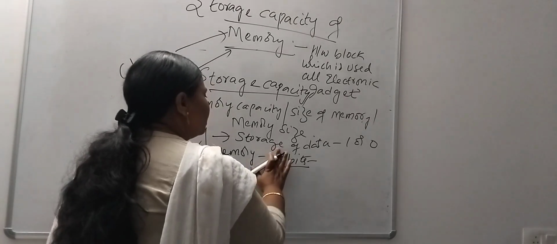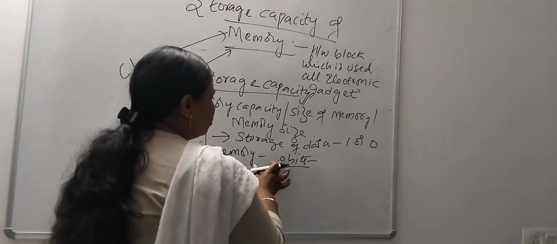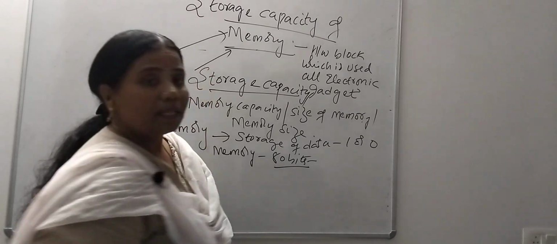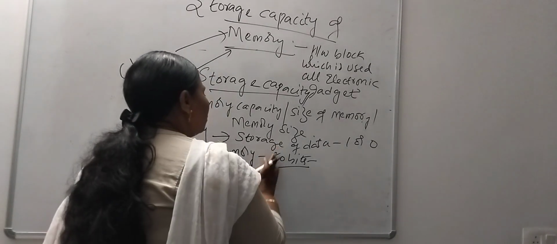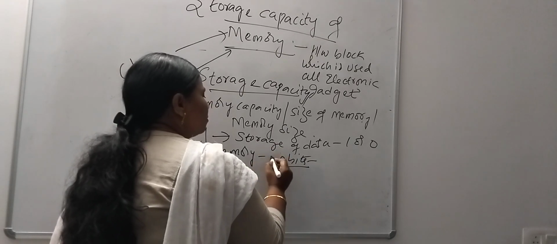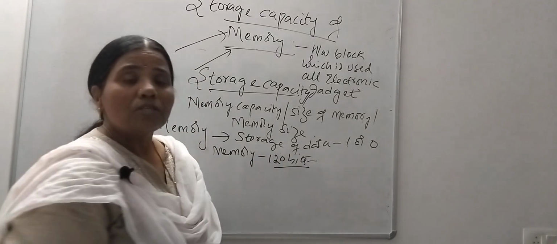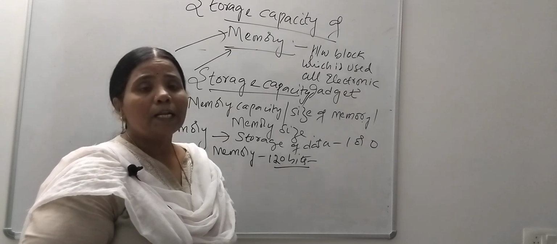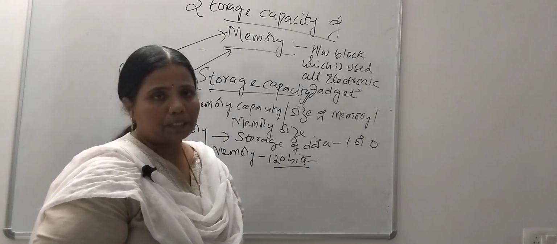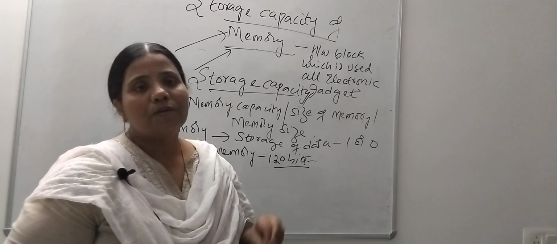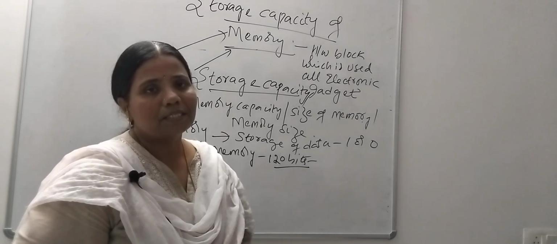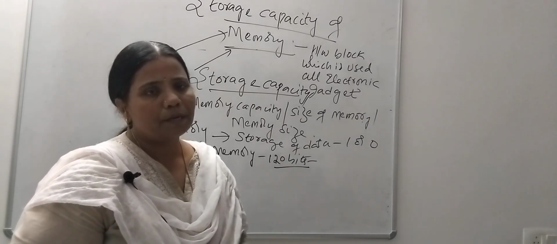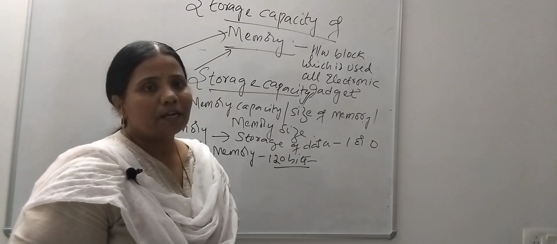Instead of 20 bits, if it is capable of storing 80 bits, then the storage capacity of your memory will be 80. If it is capable of storing 120 bits, then the storage capacity of your memory will be 120 bits. Your memory circuits' capability is said to be storage capacity, memory capacity, or size of the memory or memory size. All are one and the same.